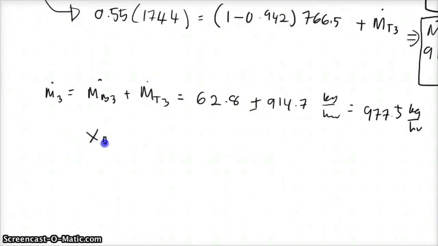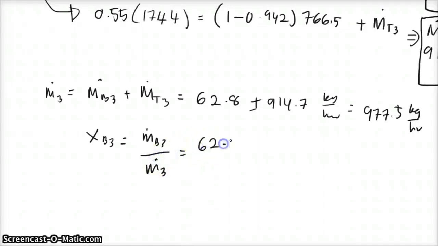So XB3. X is for mass fraction, while Y is for mole fraction. I think the book is wrong, I don't know, but I always use X, correct me if I'm wrong. So XB3 is equal to mass flow rate of benzene in the bottom product over the total mass flow rate of the bottom product.